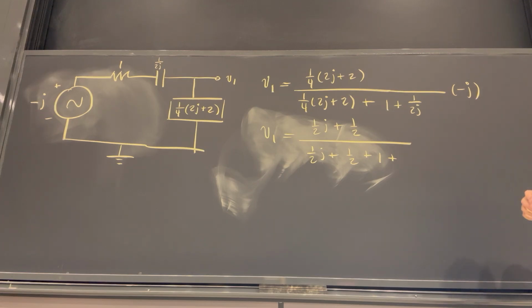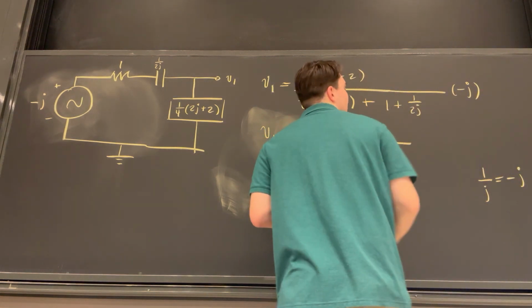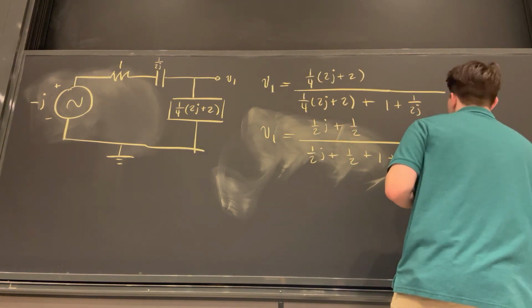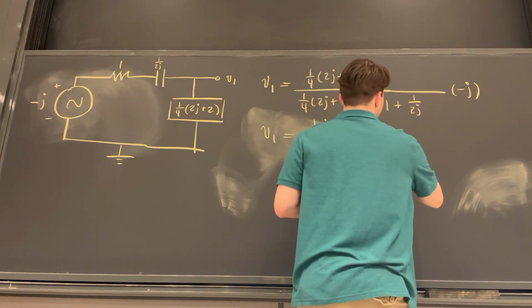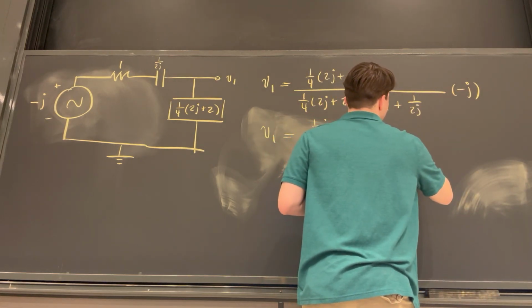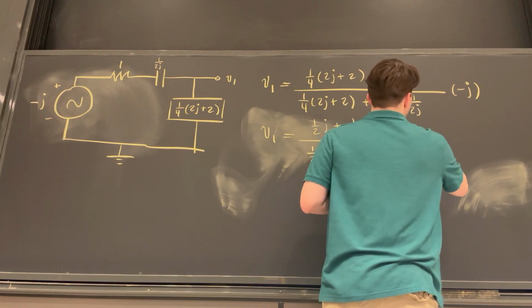I have to add a negative there. That's just a rule of the imaginary unit: 1 over j equals negative j. You can look that up online. That's just by definition. So I'm going to flip this j into the numerator, and then I add the negative, which is negative 1/2 j.